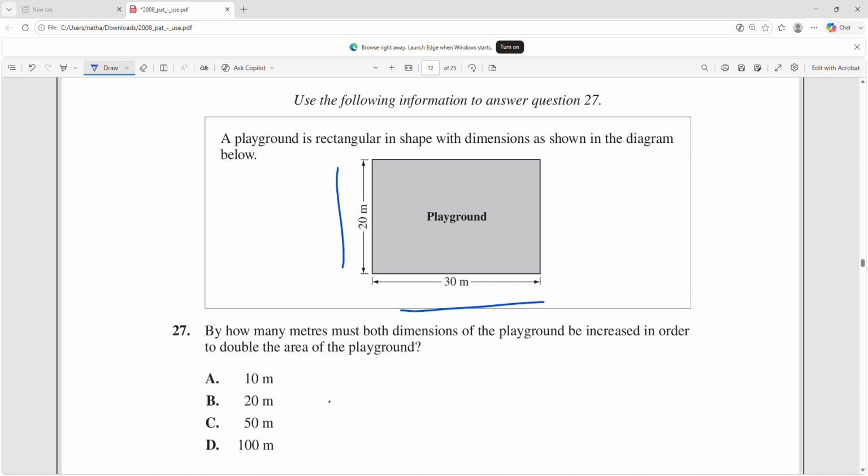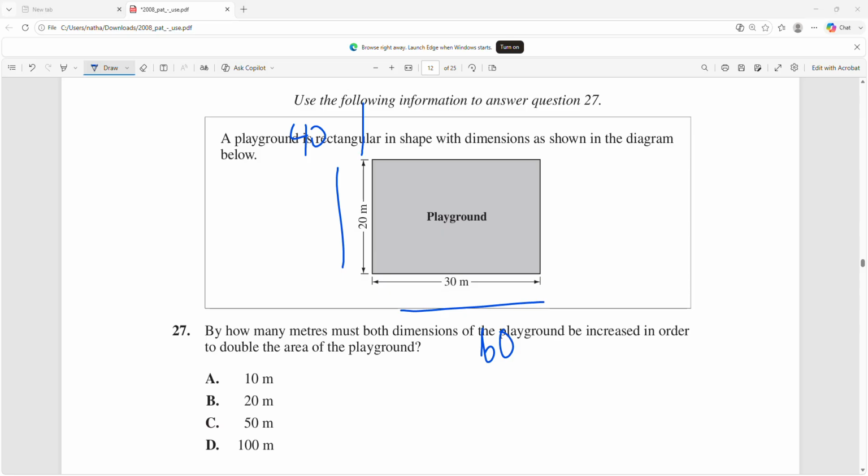Now we have to be careful. You're going to be tempted to just double everything, say that this is going to be 40 and this is going to be 60. Let's calculate and see if that works. I could tell you that it doesn't.